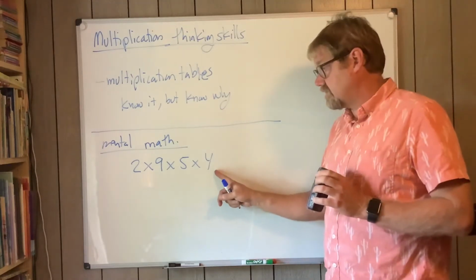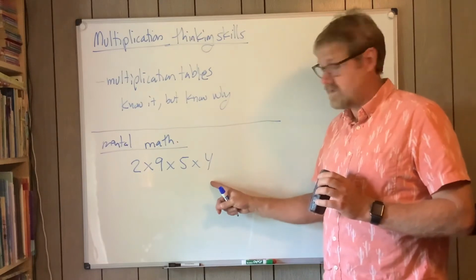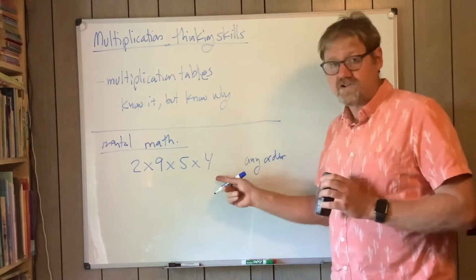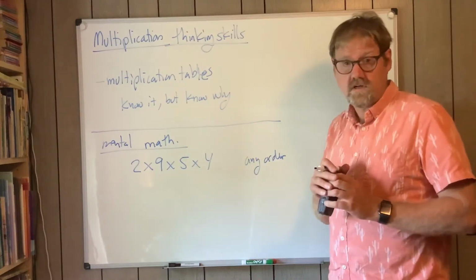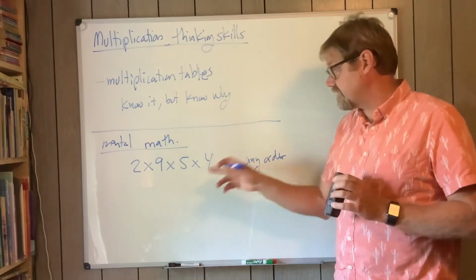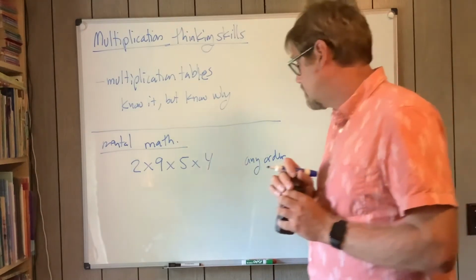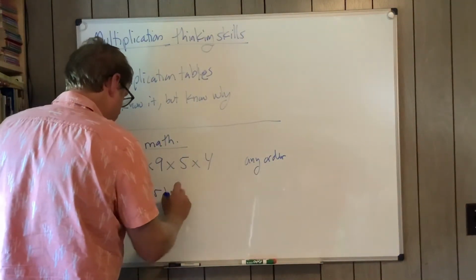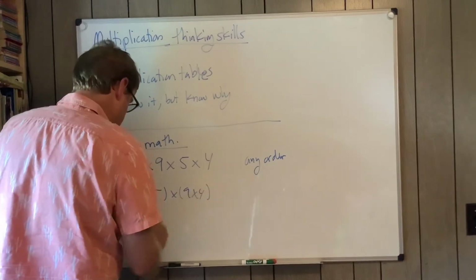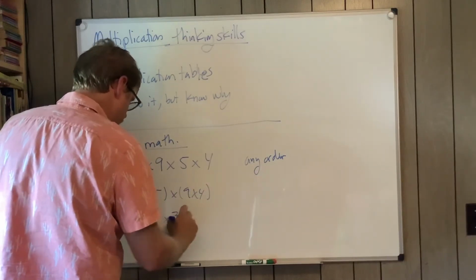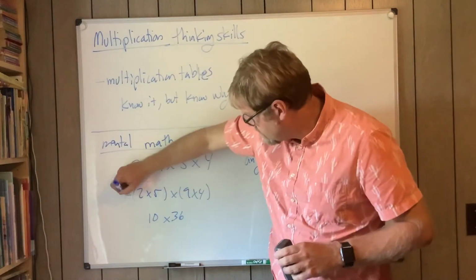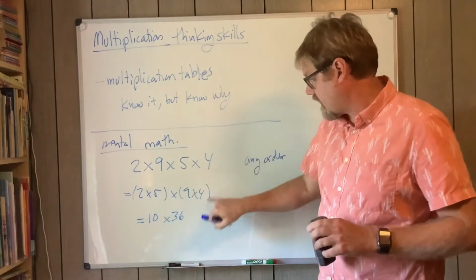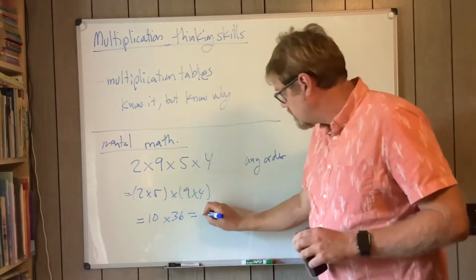The one thing about this is, can I pick out the any order method and figure out how to do this in an easier way? The thing I would look at is I've got 2 times 5, and I've got 9 times 4. So I'm reordering these things, and I get 10 times 36, which is 360.